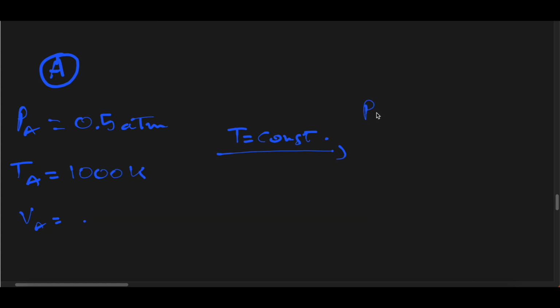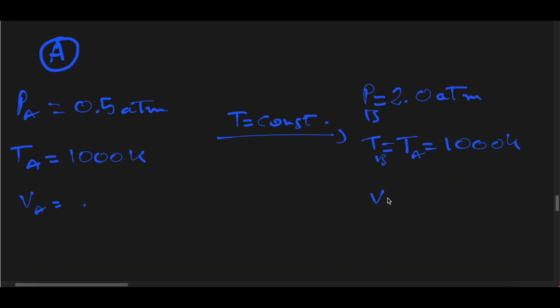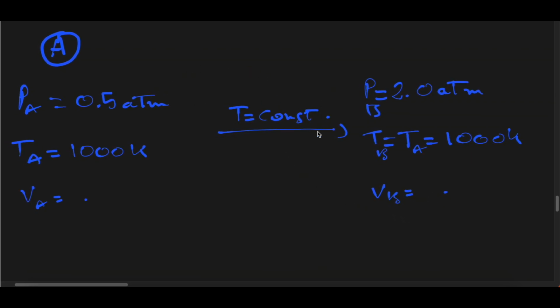So the pressure has increased to a value of 2 atm. Because it is isothermal, the temperature in state B is equal to the temperature in state A, which is equal to 1000 Kelvin. And the volume B is not given. So here is the first change.